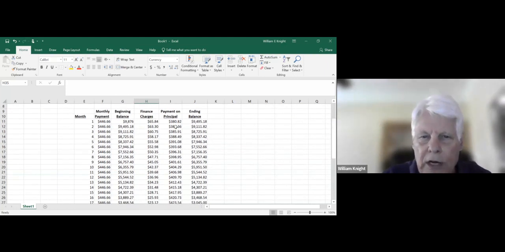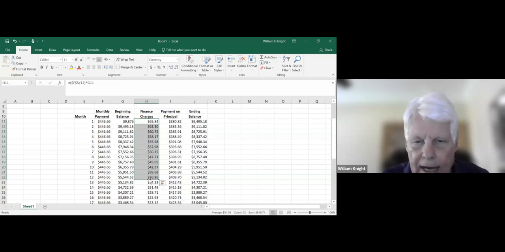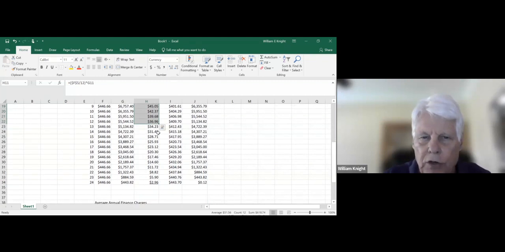The average annual finance charge for year 1 would be the sum of these 12. The average annual finance charge for year 2 would be the sum of these figures right here. So the average annual finance charge would be the sum of that entire column divided by 2.